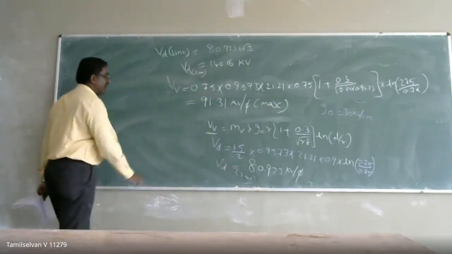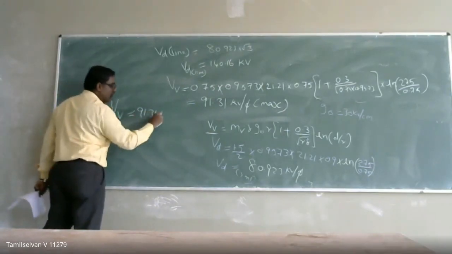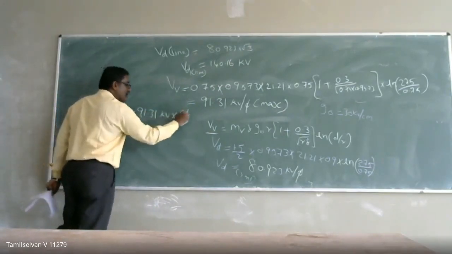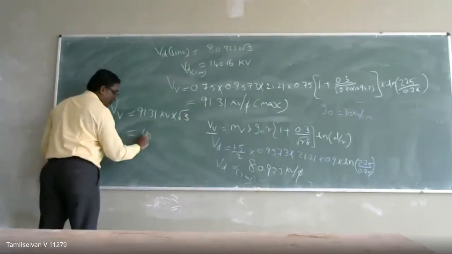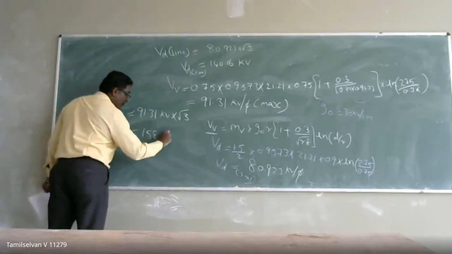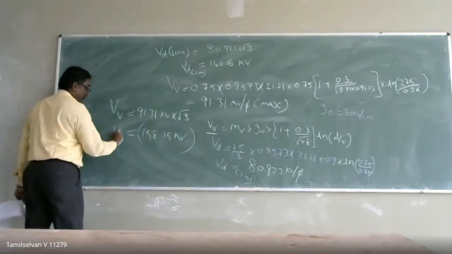But I need a line value. It might be equal to 91.1 kilovolt into root 3. I will get 158.15 kilovolt. This is my visual critical voltage.